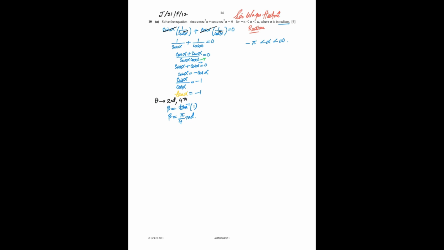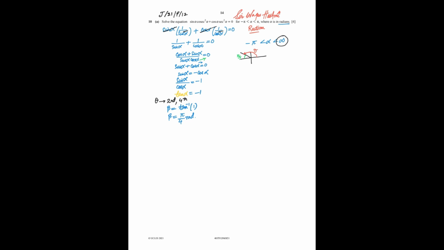If we consider the positive side first, for the counterclockwise direction, we need to go in the second quadrant, and it is for your positive range. So the theta we have in the second quadrant is this one. That is the angle we are looking for, and the base angle beta we found in this question is pi over 4.